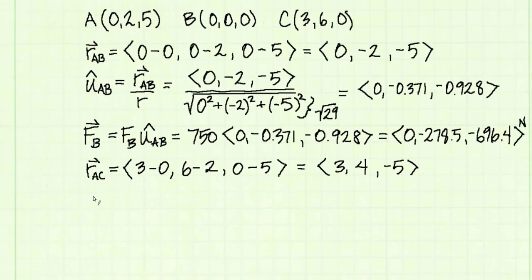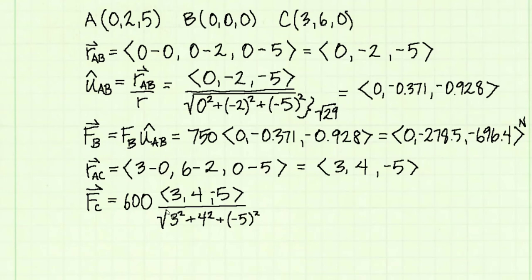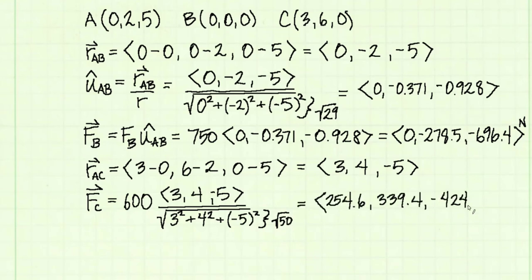I'm going to do that in one step. The magnitude of my position vector comes out to be the square root of 50. And here's my force vector C in Cartesian notation.